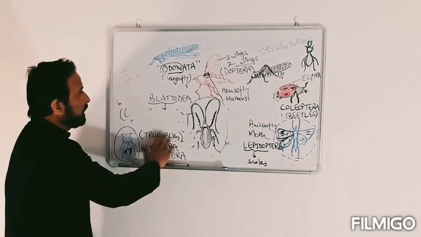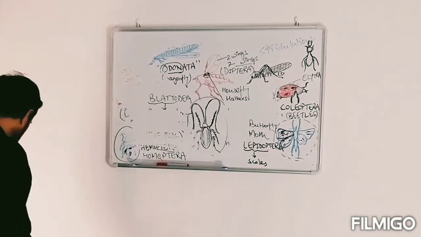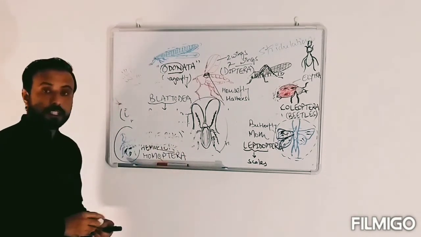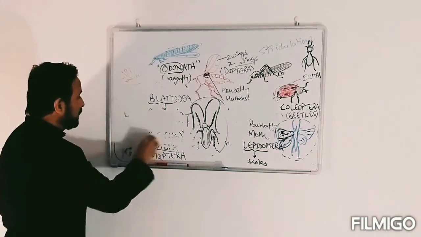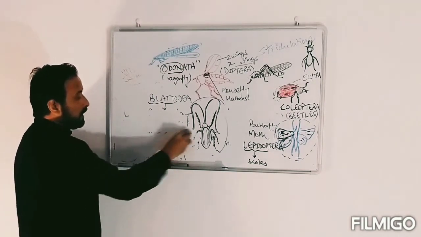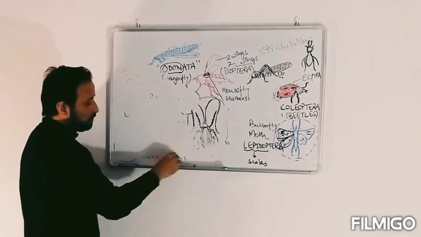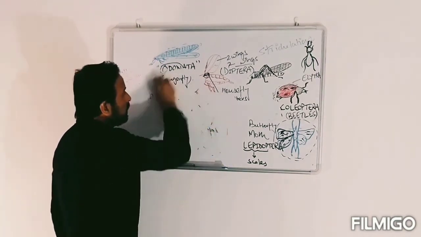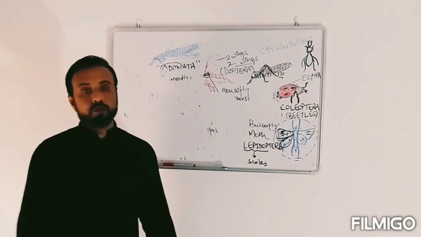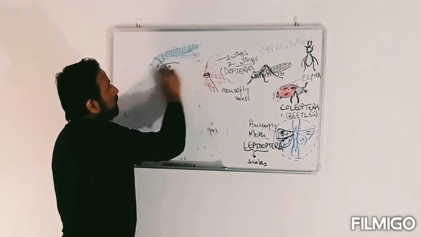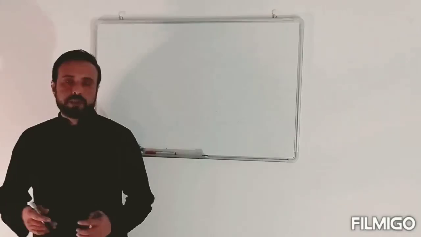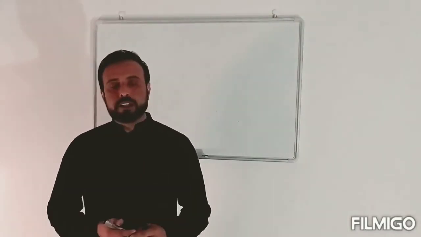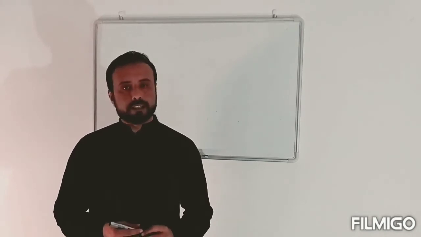So basically, this is the insect order information that I gave you here. There are 29 orders of insects, among which 7 or 8 are very important ones, which I will discuss with you in detail. In this lecture, I told you about certain important orders of class Insecta.